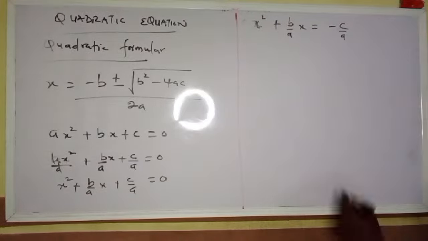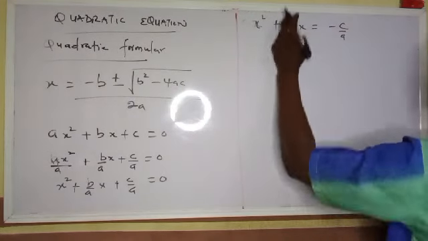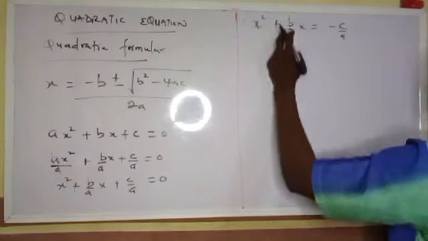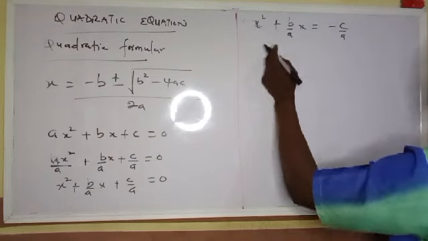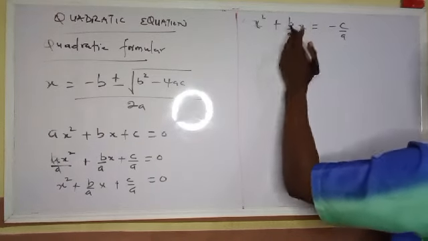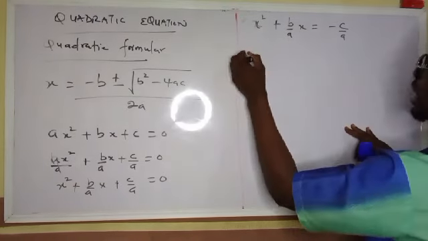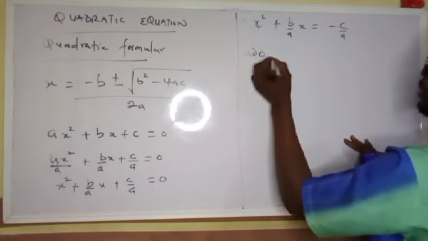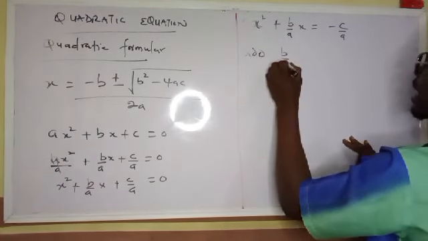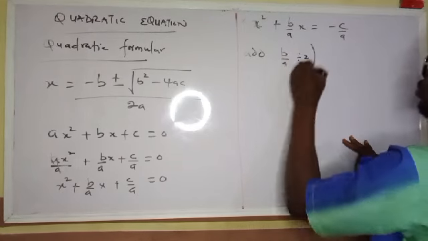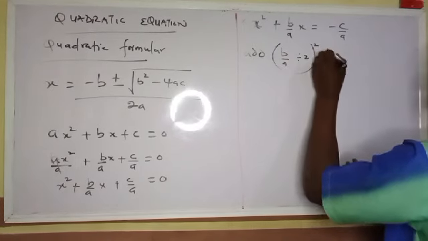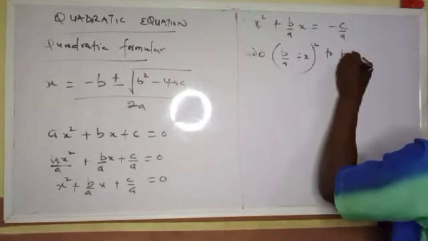Now the next thing is we are going to half the coefficient of x, that is b over a. We divide it by 2, then square it and add it to both sides of the equation. We add b over a divided by 2, squared, to both sides.